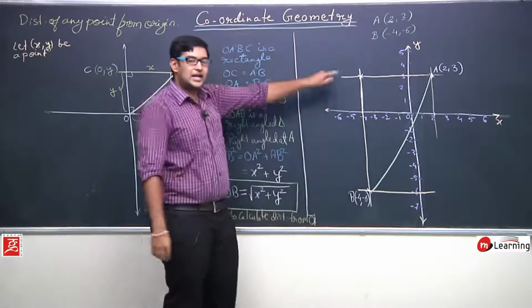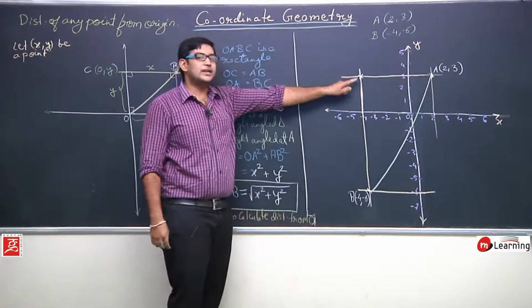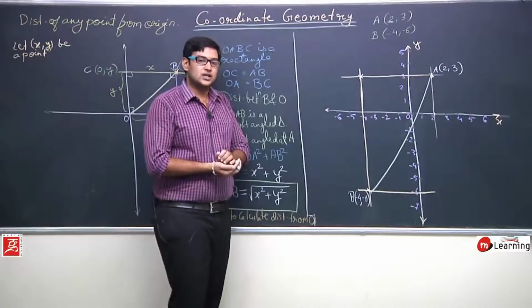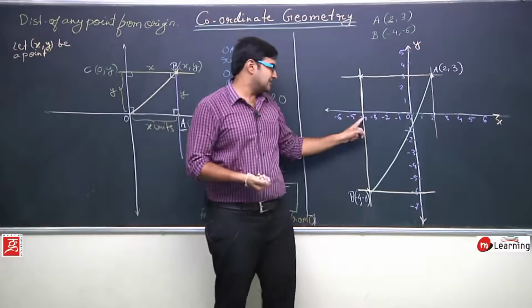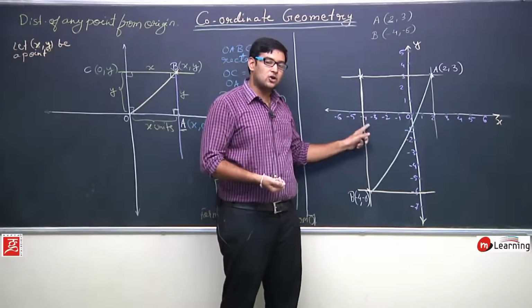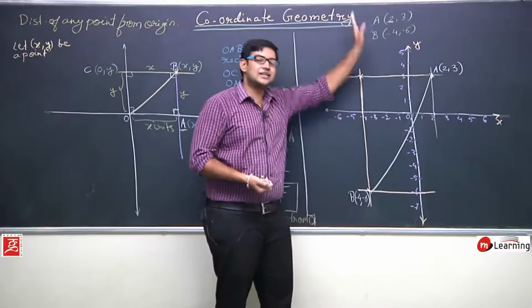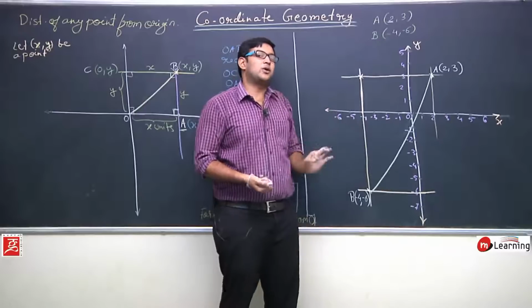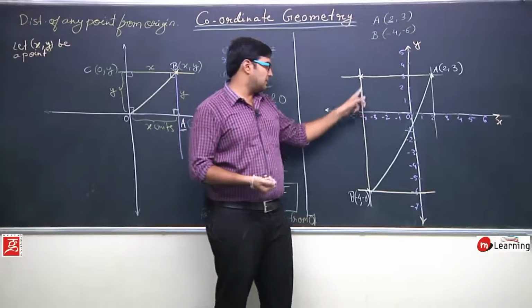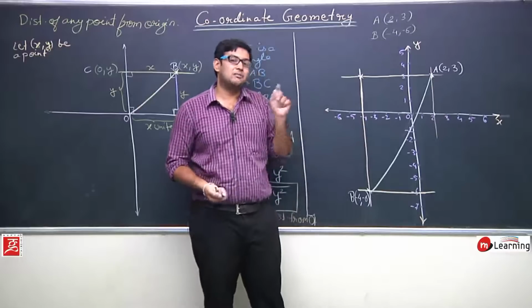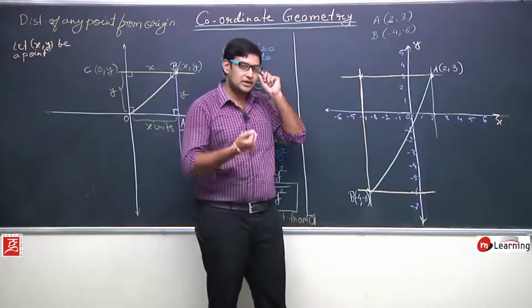Now, can I determine the coordinates of this point? Yes, it's very easy. How? You can see that this is x equals minus 4. If I draw a perpendicular at x equals minus 4, then all the points which lie on this perpendicular will have x coordinate as minus 4. Let me repeat it once again.